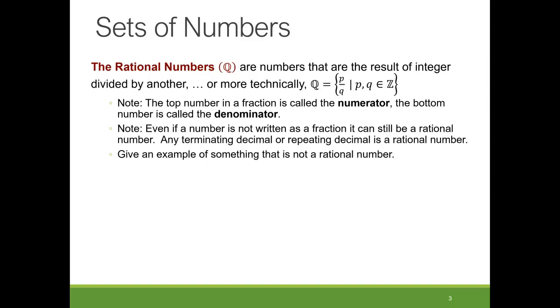Why not the square root of 4? That's just 2, right? And whole numbers are rational, right? How do I write 2 as a fraction? 2 over 1. Great. Is 0 rational? Well, 0 divided by 0 is not 0.